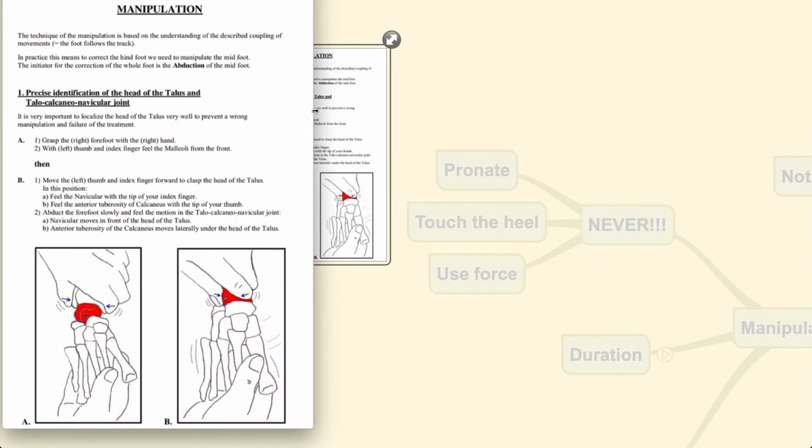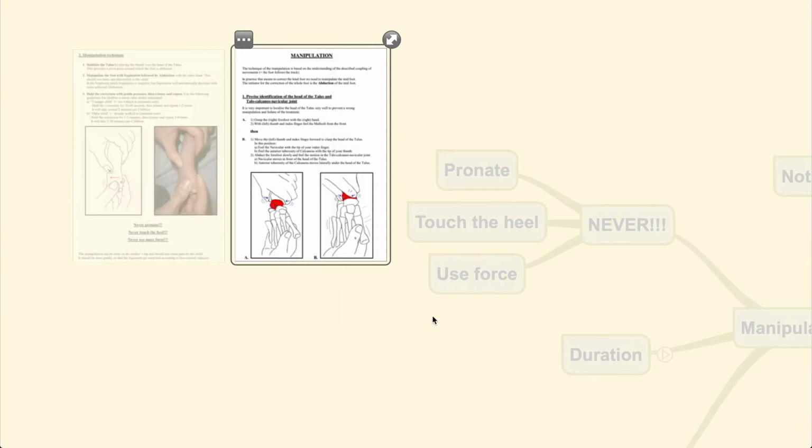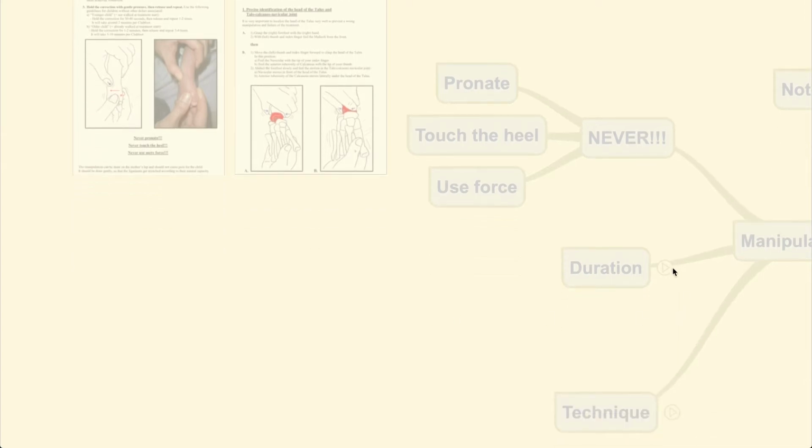We can see in this picture a manipulation, and you can see that the examiner uses the thumb as an axis of rotation for the whole foot to move outwards. Next I will explain more about how to do the casting later on.